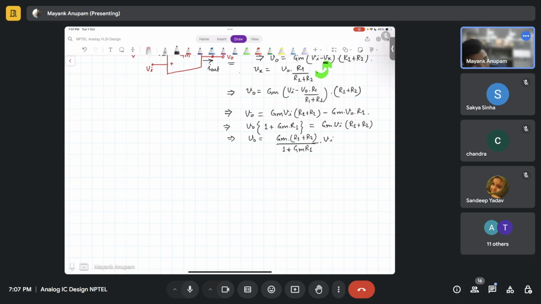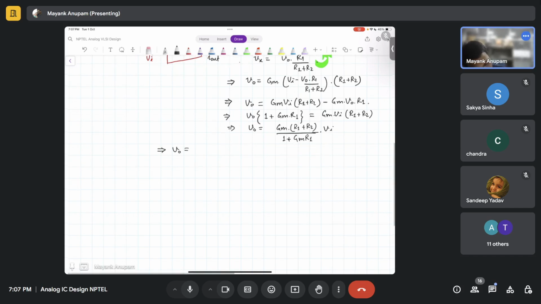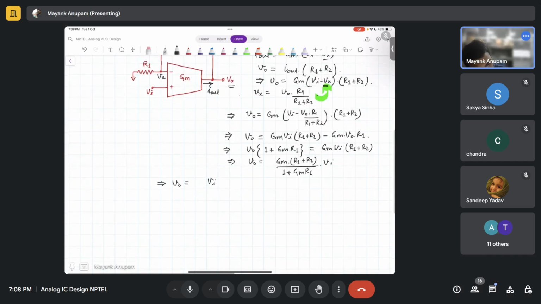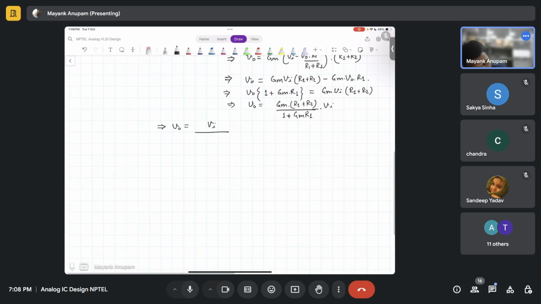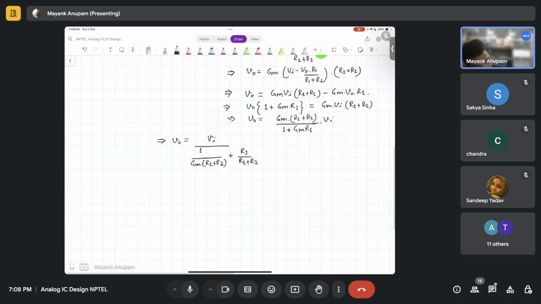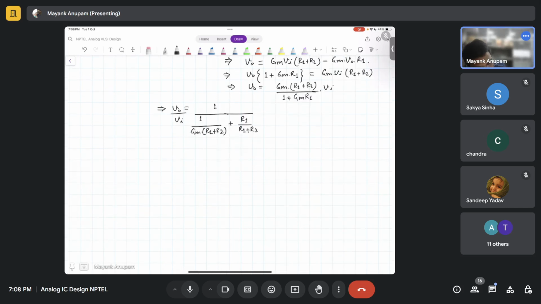Times Vi, or rather if I try to write it in another manner, okay, let's do another division.